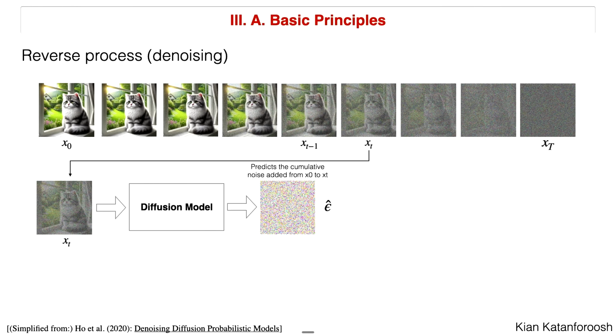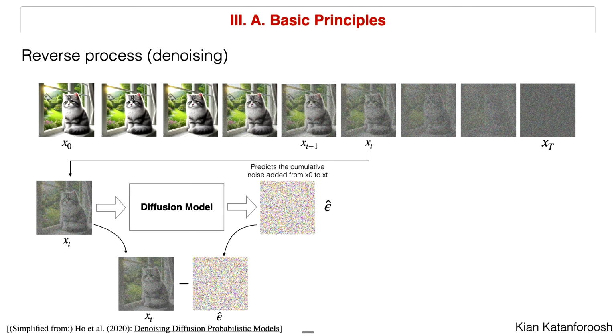Epsilon hat is the cumulative noise that was added from x0 to xt. Why is that useful? Because you can subtract epsilon hat from xt, and what do you get? You get the original cat picture, x0. So if we can build such a diffusion model that can predict the noise added to an image, then at test time, we can do a denoising process and get images back.